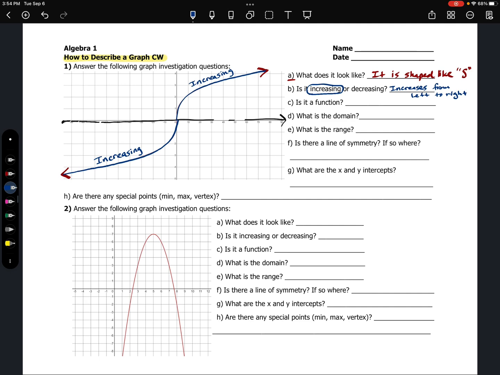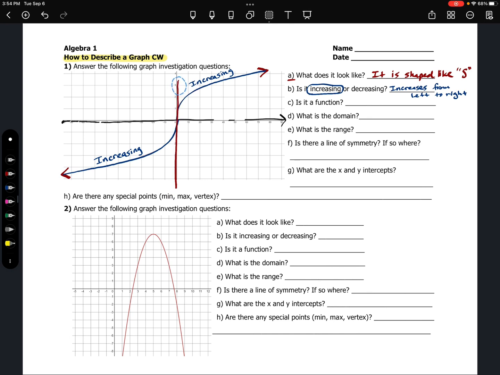Okay, is it a function? Well, great thing to do with this one, right? When you think about functions, because it is a graph, we could do our vertical line test. If I take my little vertical line and I'm just moving it here, it is not crossing this graph in more than one location. It gets up here.